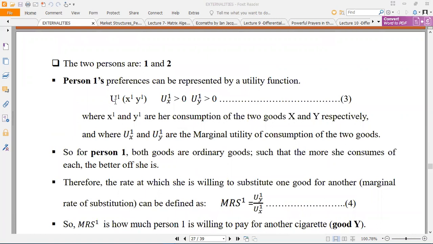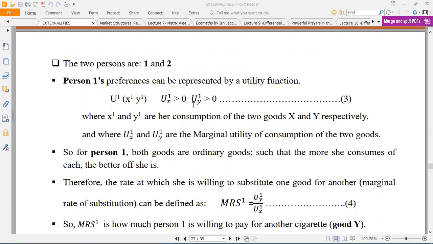Now, the marginal utility for good X, which is food, is given as U1X. And the marginal utility for cigarettes, that's good Y, is given as U1Y. They are all greater than 0. The marginal utilities being greater than 0 means that when person 1 increases his consumption of both goods, it increases his well-being.